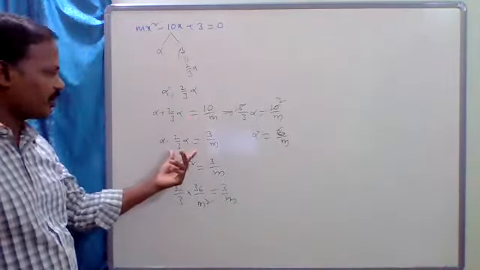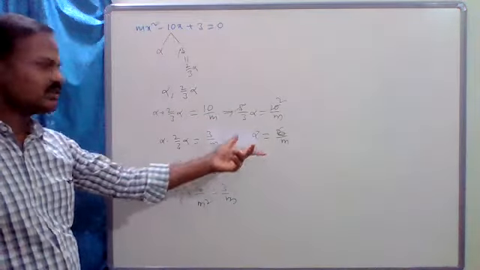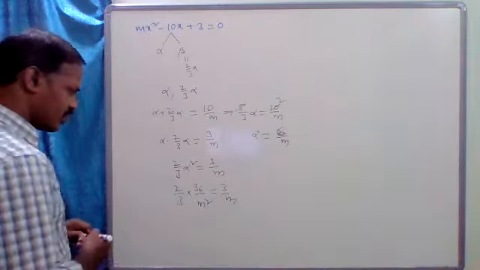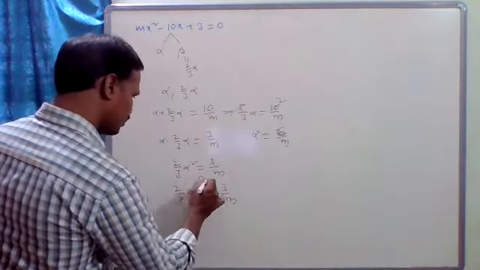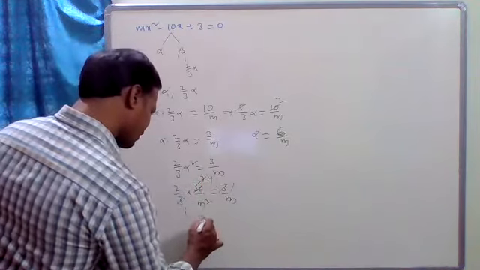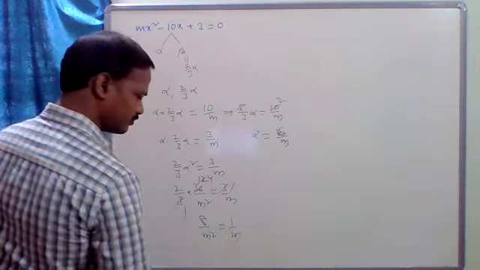From the sum of the roots we find the alpha value and substitute that alpha value in the product of the roots. So that is 8/m square equal to 1/m.